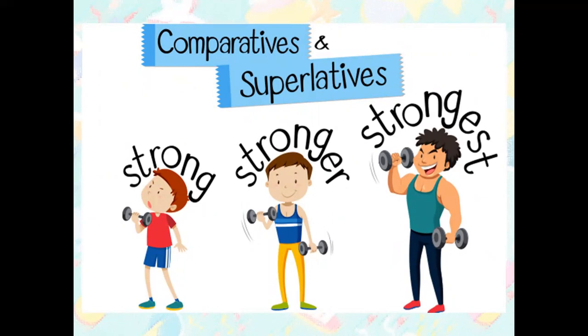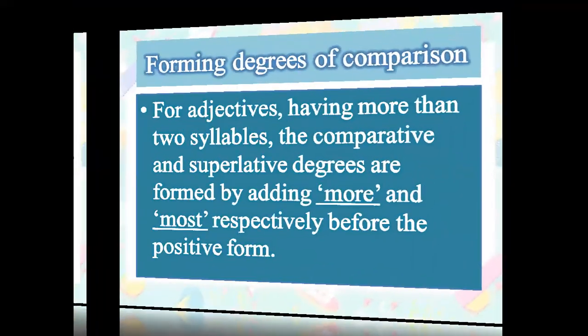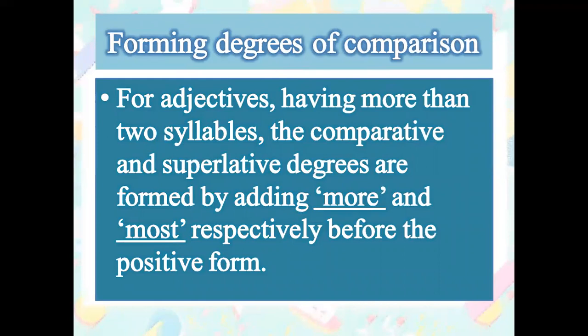And now let's see what we are using for some adjectives which have more than two syllables, right? So for the adjectives which have more than two syllables, the comparative and the superlative degrees are formed by adding more and most, respectively, before the positive form.